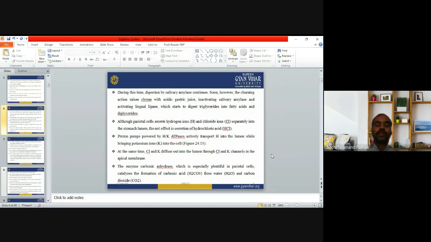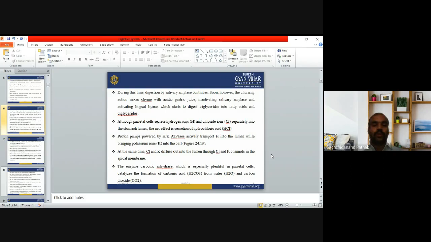There is another enzyme, carbonic anhydrase, which is especially plentiful in the parietal cell. Carbonic anhydrase is abundant in a parietal cell and catalyzes the formation of carbonic acid. It helps to speed up the reaction forming carbonic acid from water and carbon dioxide.